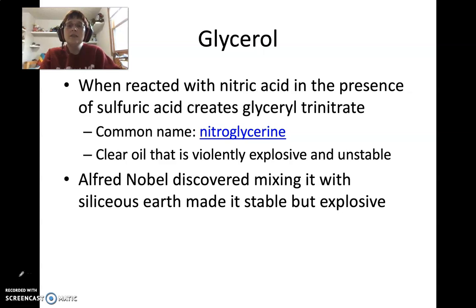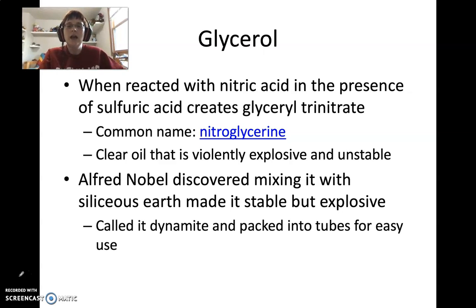What was interesting even more so was that this gentleman, Alfred Nobel, again, you might recognize that name, discovered that mixing it with siliceous earth, basically silica-based earth, made it more stable but still explosive. So he took that material and called it dynamite, and packed it into tubes for easy use.